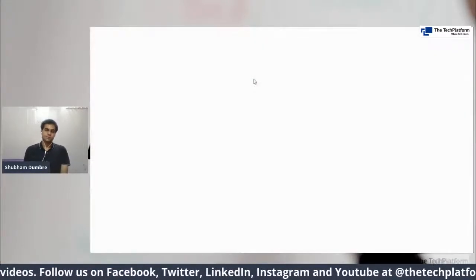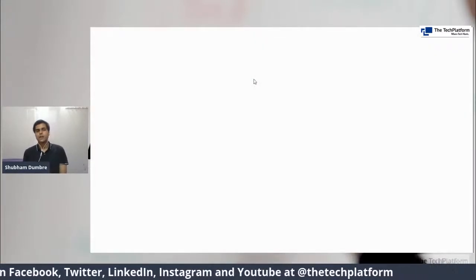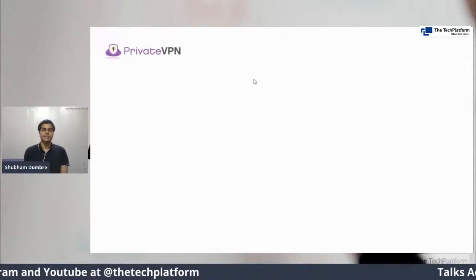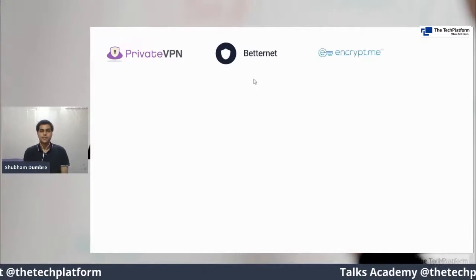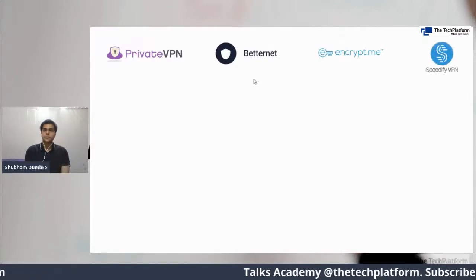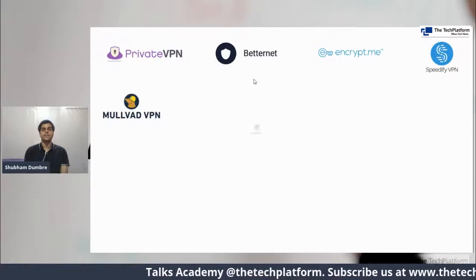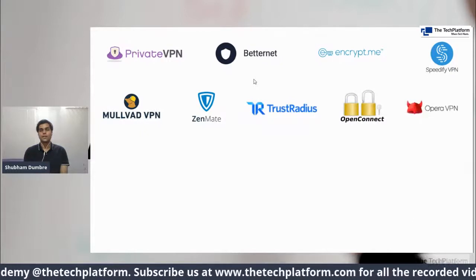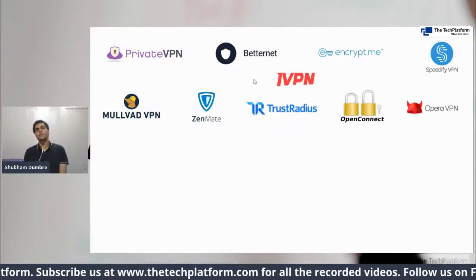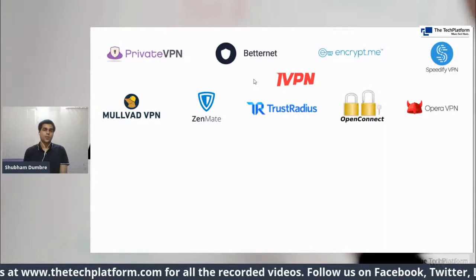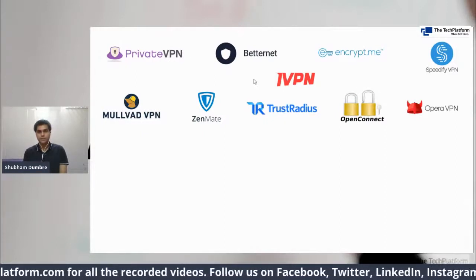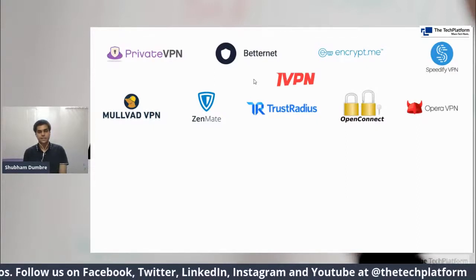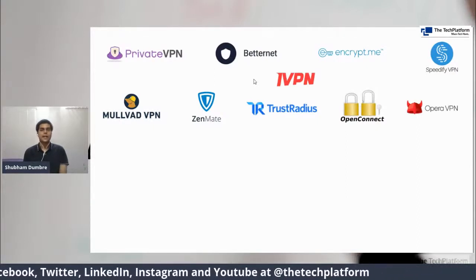Now next, before going to the open source market, there are some more names which need to be highlighted in this session of ours. The first one is Private VPN, then Betternet, Encrypt Me, Speedify, Mullvad, ZenMate, Trust Radius, Open Connect, Opera VPN, and iVPN.